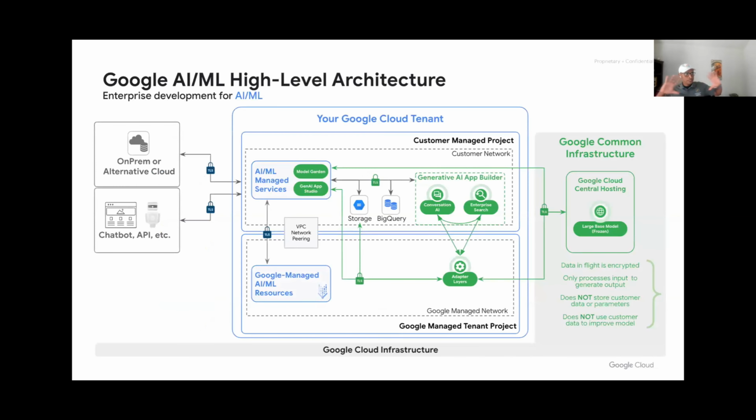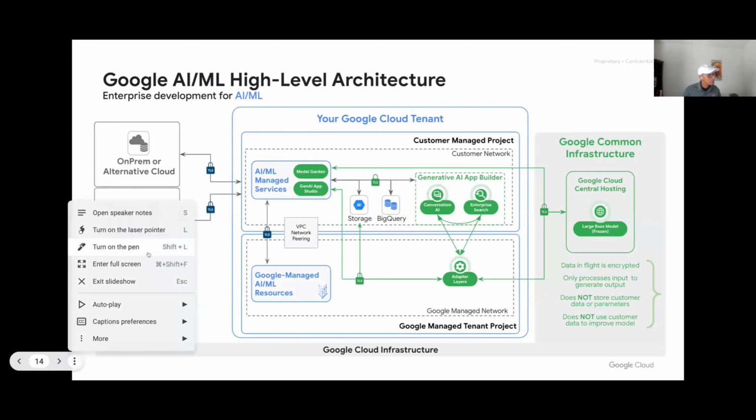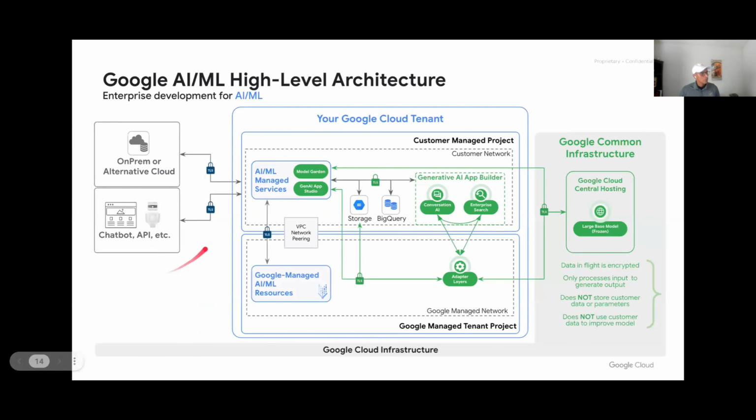Okay, so this is the high-level architecture of how this can be deployed, and how our different components interact with each other. If you see, you have the customer Google tenant. This is the interface where the customer accesses the generative AI services.